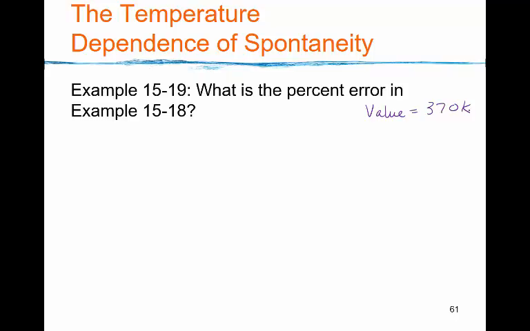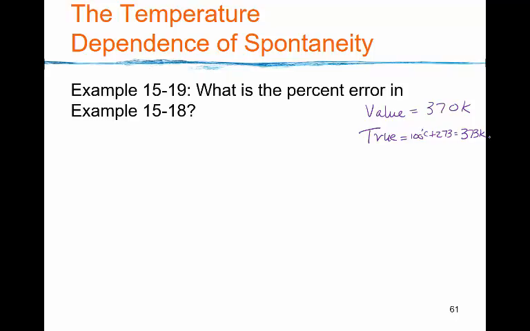So the true value is 100 C plus 273, which would be 373 Kelvin. So how close were we to that true value?